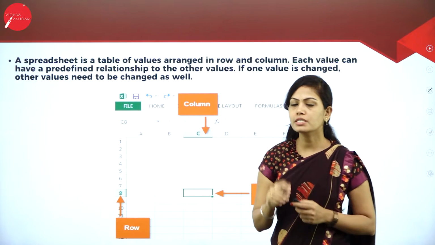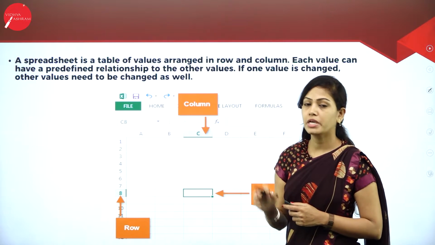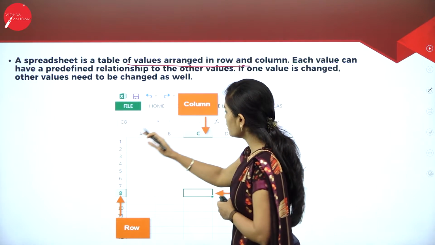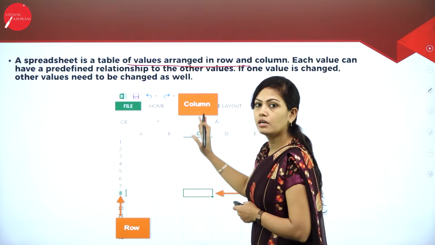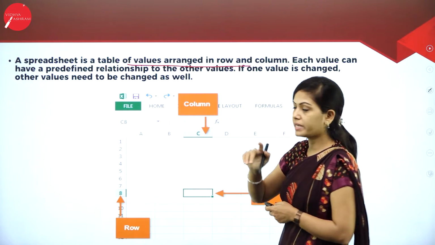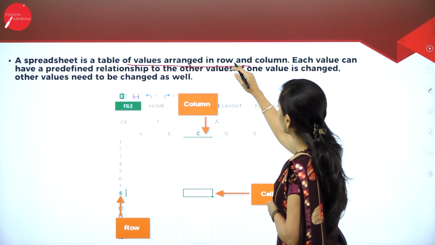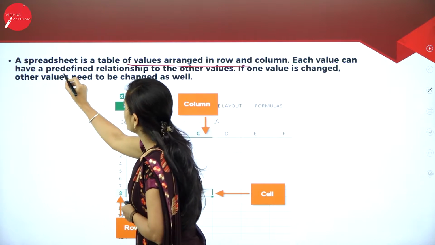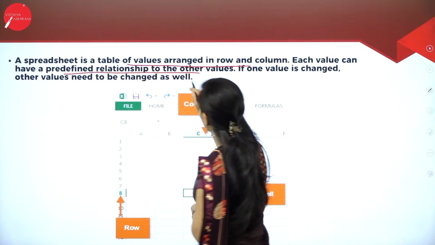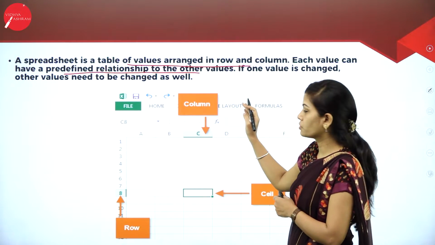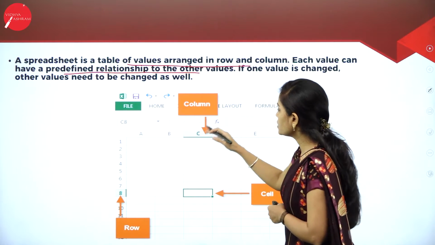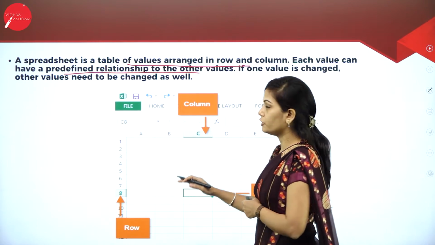What is the meaning of spreadsheet? A spreadsheet is a table of values arranged in rows and columns. Each value can have a predefined relationship to the other values.